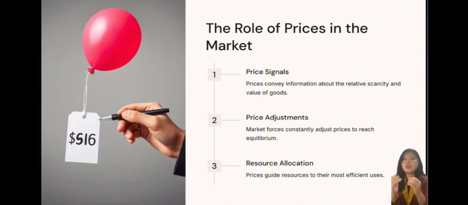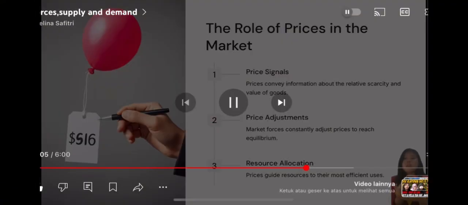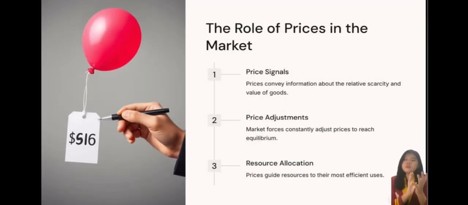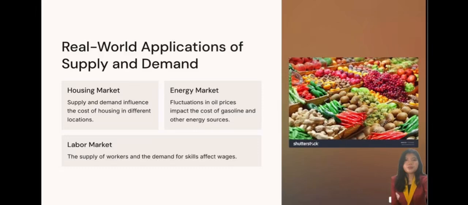Prices convey information about the relative scarcity and value of goods. 2. Price adjustment. Market forces constantly adjust price to reach equilibrium. 3. Resource allocation. Price guides resources to their most efficient use.